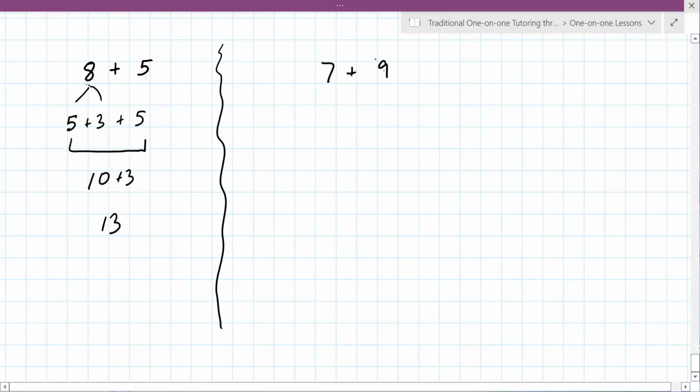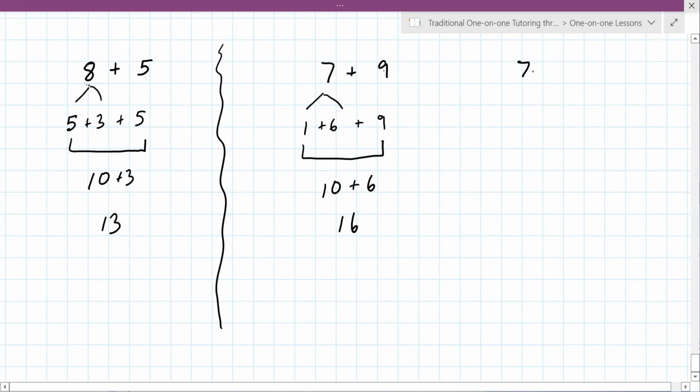It's up to you which one you want to do. I would probably break apart the 7. We can call it 1 plus 6, plus 9. That's one way to do it. And then you combine the 1 and the 9. 1 and the 9 is 10, plus 6 is 16.